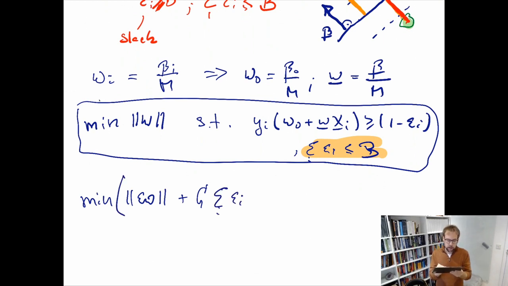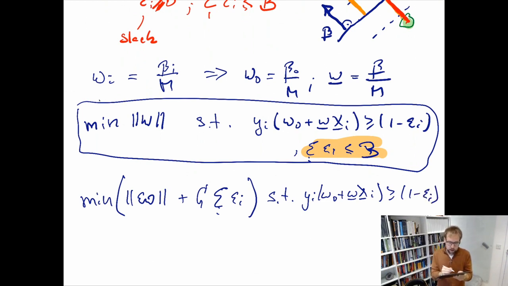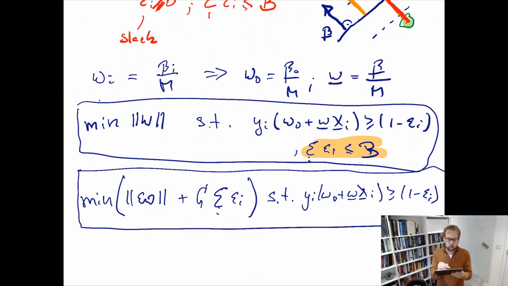This would be my new optimization problem, subject to this second constraint, which is the same as before. Let's make a nice box around it. Now I started to move the hard constraint in terms of B to a soft constraint in terms of C, exactly as I did with regularization, where now they're inversely related.